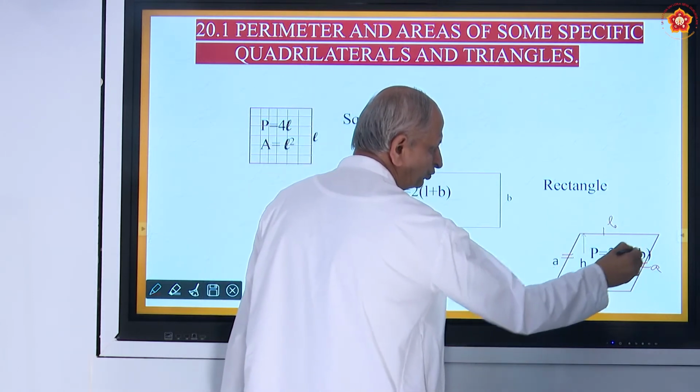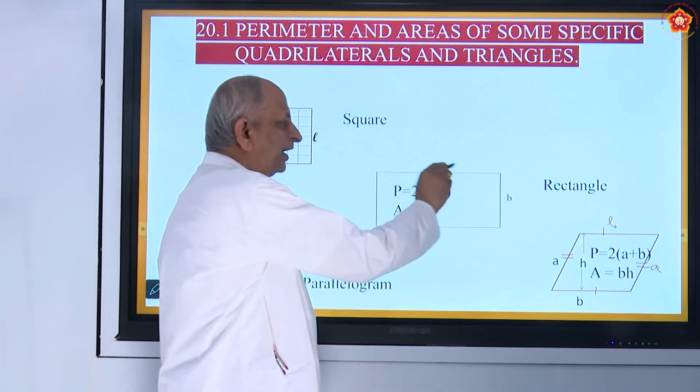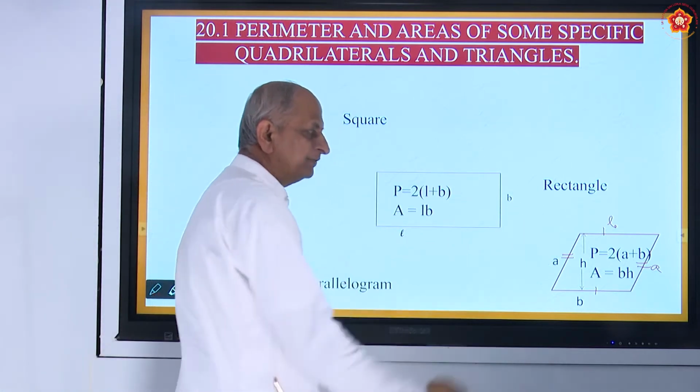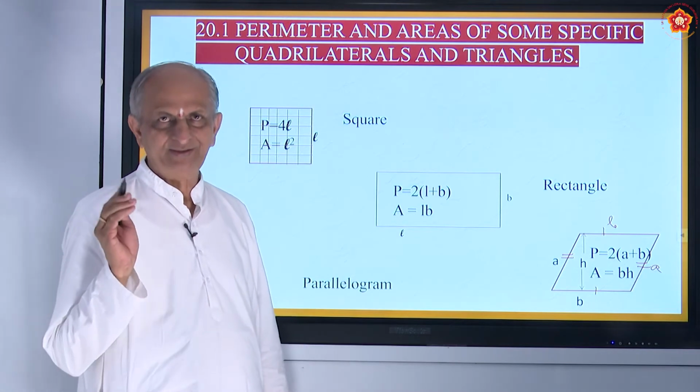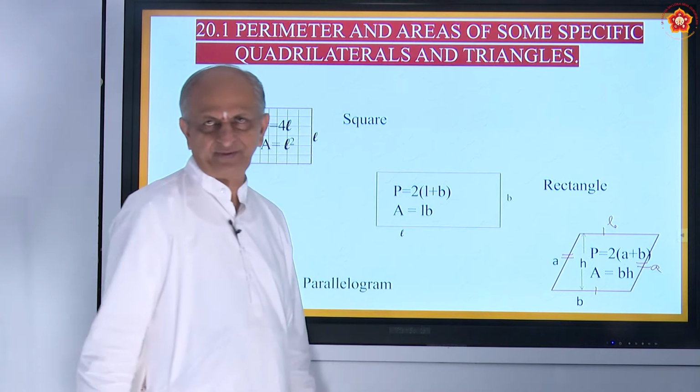So 2A plus 2B. So we can say all rectangles are parallelograms, but all parallelograms are not rectangles.